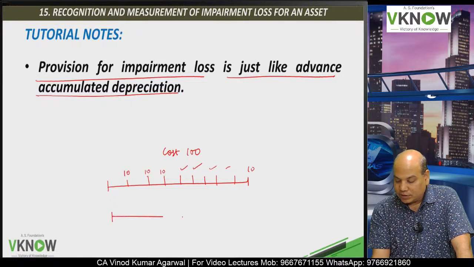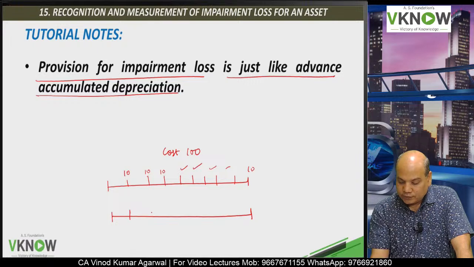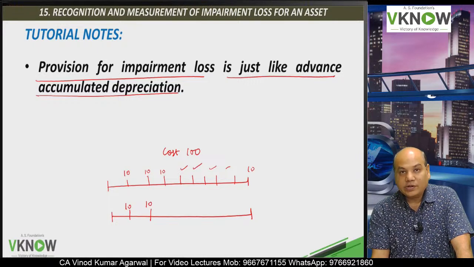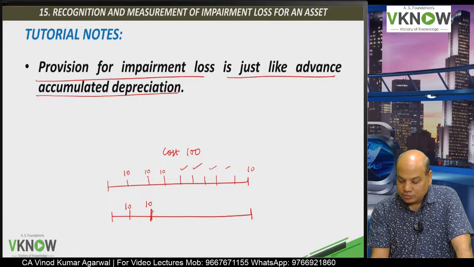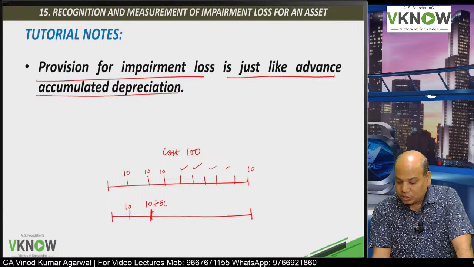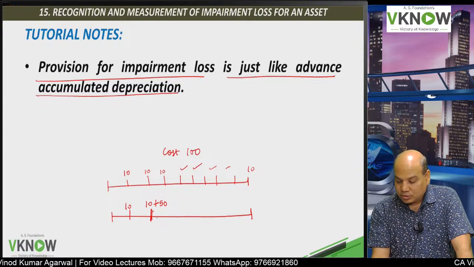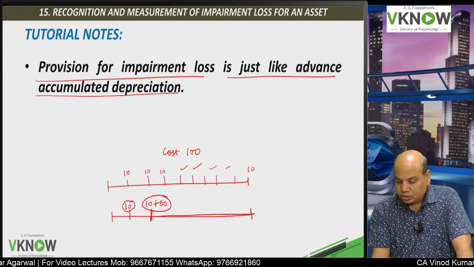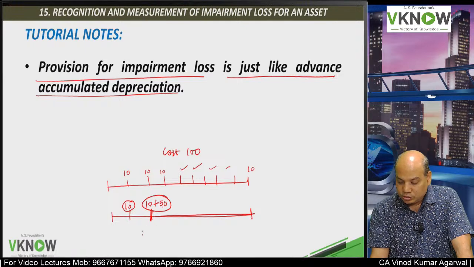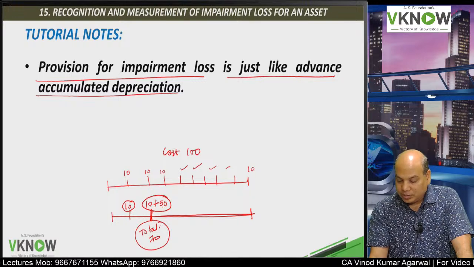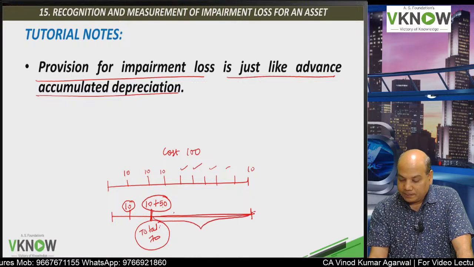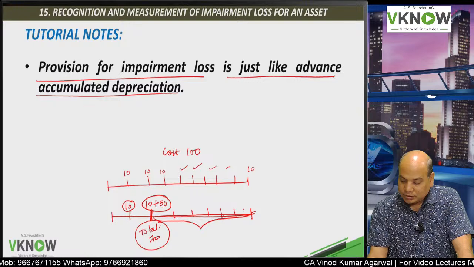But if the asset is impaired, suppose after 2 years the asset is impaired, let us say impairment loss is 50, so you are going to reduce the asset value by a further 50, and now the total depreciation plus impairment is 10 plus 10 plus 50, total 70 we have already provided. Remaining 30 will be provided over the remaining years.